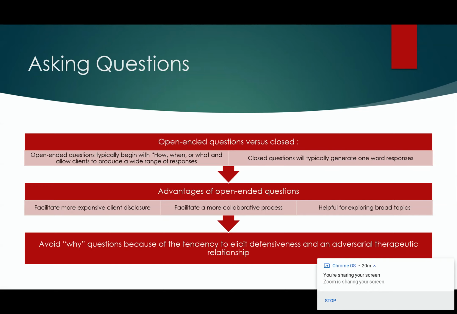Or why didn't you take the job? Whatever the case may be, we want to make sure that we're not evoking feelings of shame or defensiveness in the therapeutic relationship, at least not yet. Sometimes I find that asking why certainly can be beneficial, but that's a more advanced technique, typically not something we do the first day that we meet somebody and are conducting an assessment.